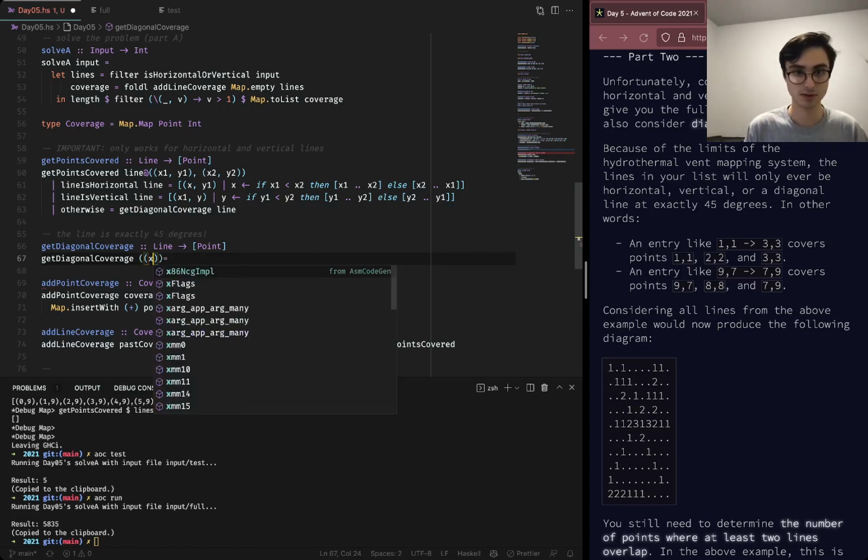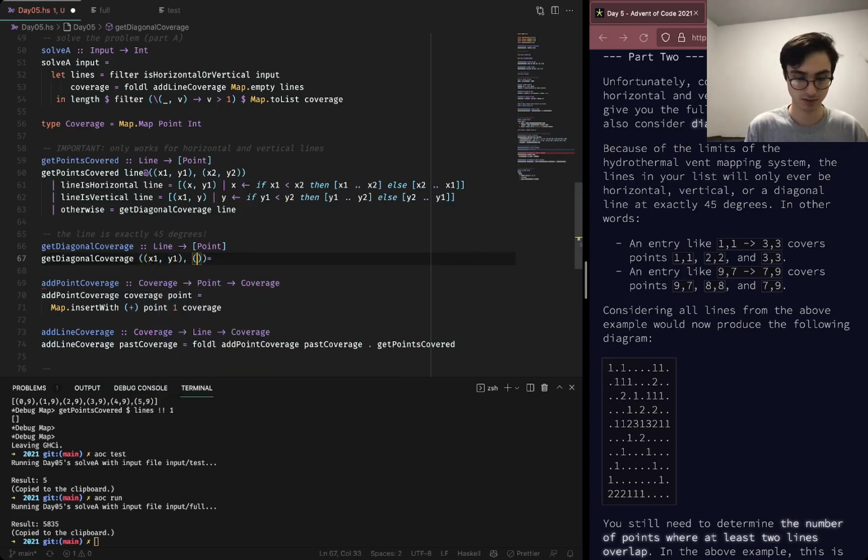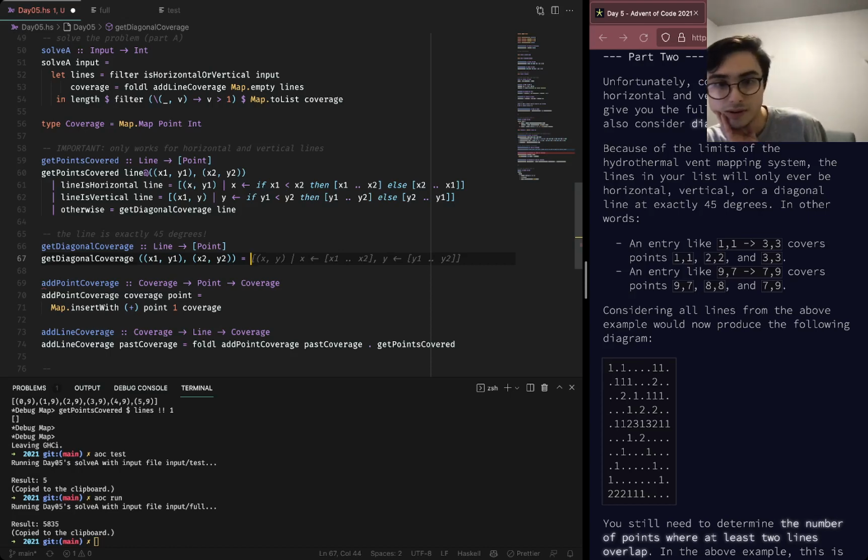Let's do x1, y1, x2, y2. Well, that's not right. Do you have something else for me? No. Okay. Copilot is going to be no help here. So we need to actually figure out what we need to do.